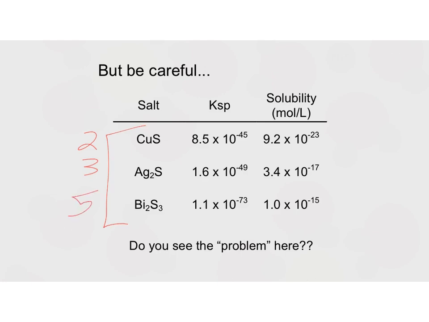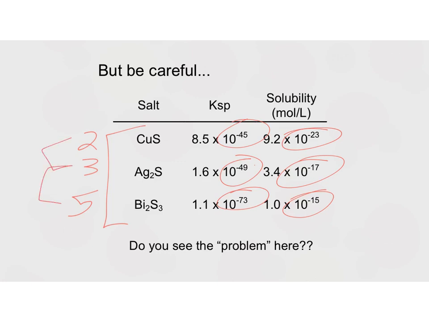All right, so you can't really look at the Ksp values here, because if you were, you would think that this guy right here, because he has, well, actually not that guy. I missed this other one. All right, based on Ksp values, it would appear as if this one dissolves the least, then this one, then this one. But as you see over here, you've got calculated molar solubilities. This one, CuS, actually dissolves the least, then this one, then this one. So it's actually completely backwards.